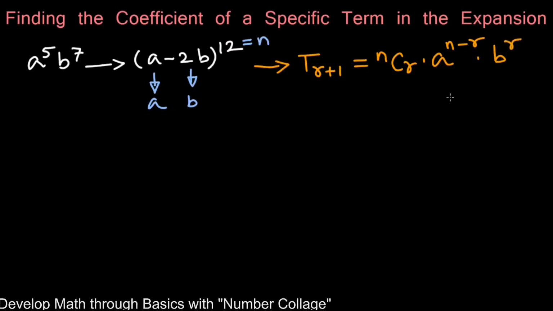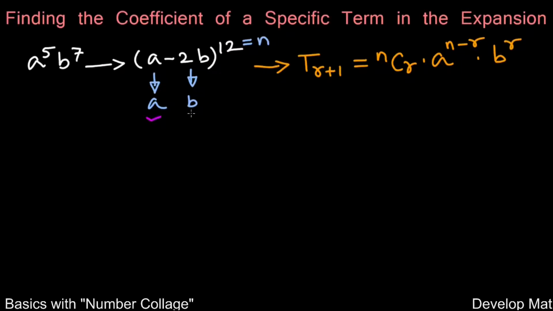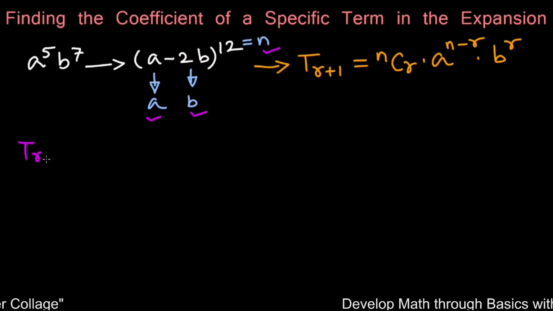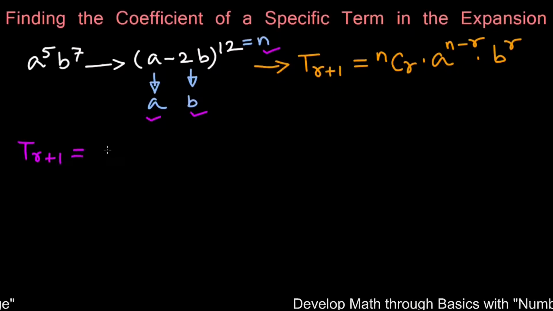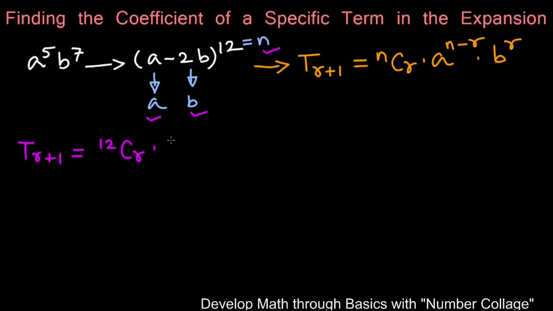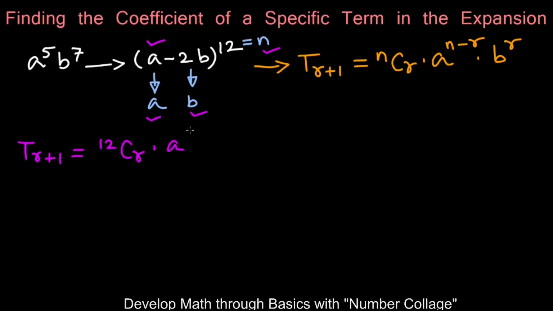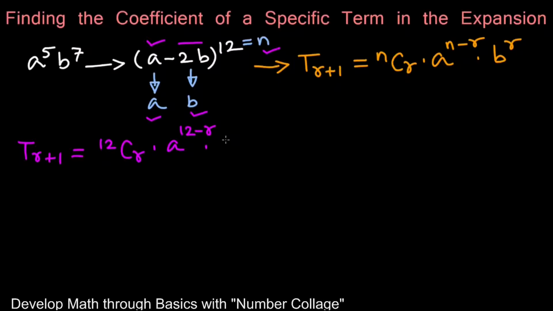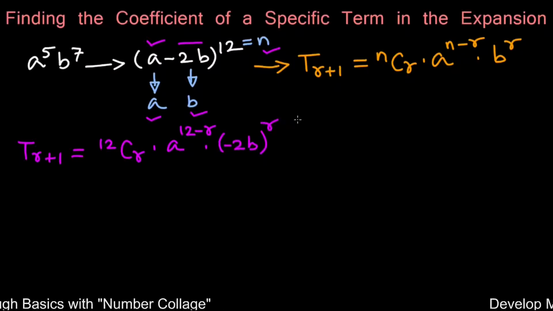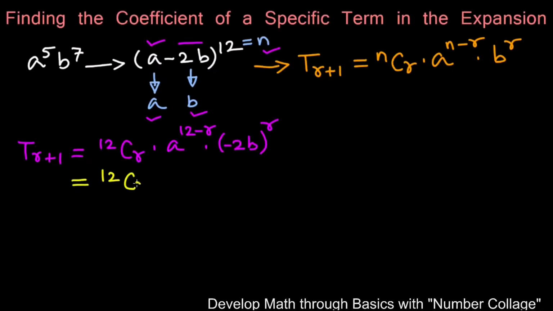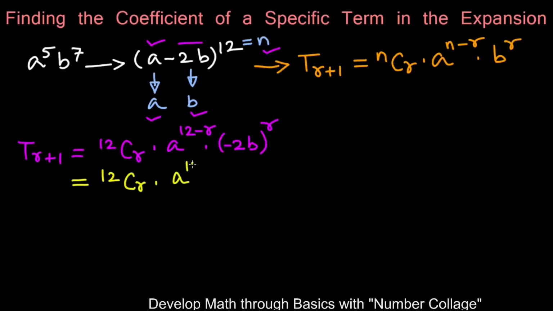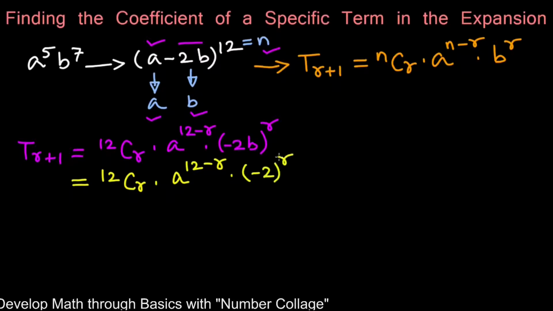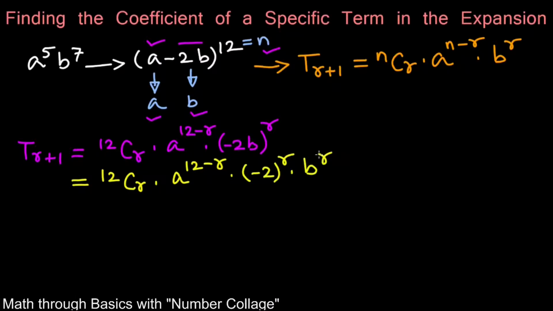to r. By substituting these values, we write the general term T(r+1) equals 12Cr into a raised to 12 minus r into (minus 2b) raised to r. This will be 12Cr into a raised to 12 minus r into (minus 2) raised to r into b raised to r.